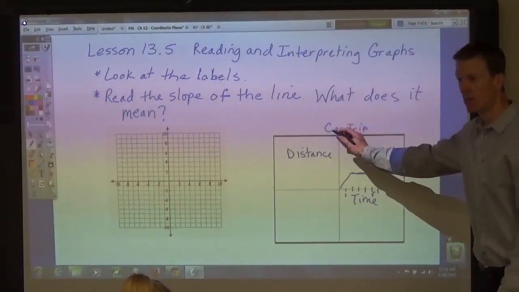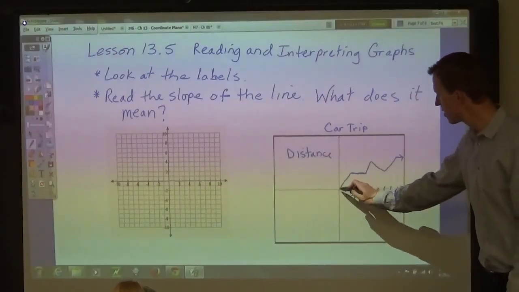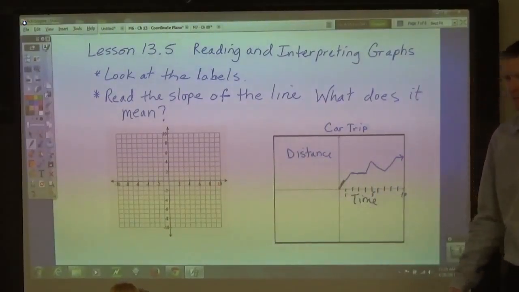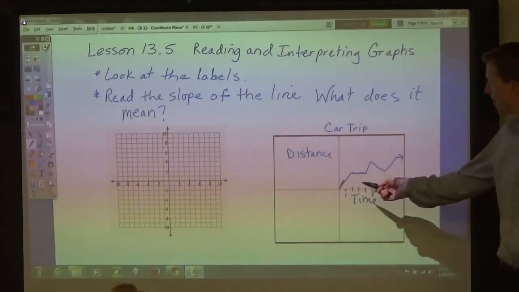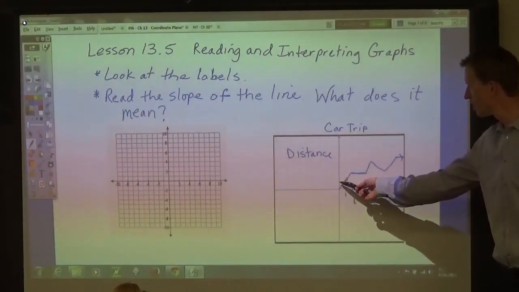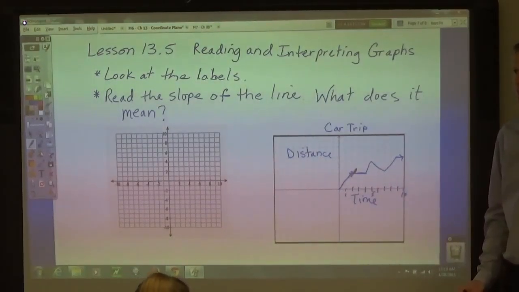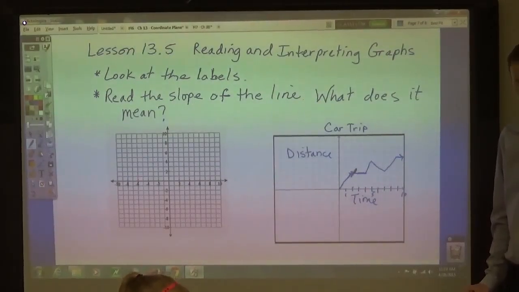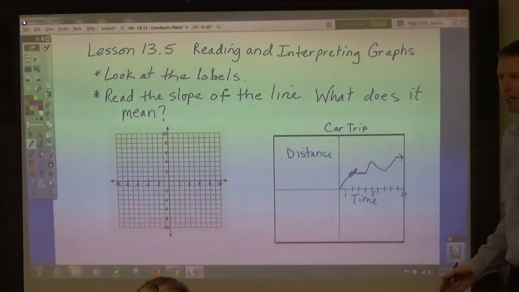And let's say that since this is a car trip, this is distance from your house. Now, if this is distance, what is this slope going up represent? Going further, right. Going away from your house, right?